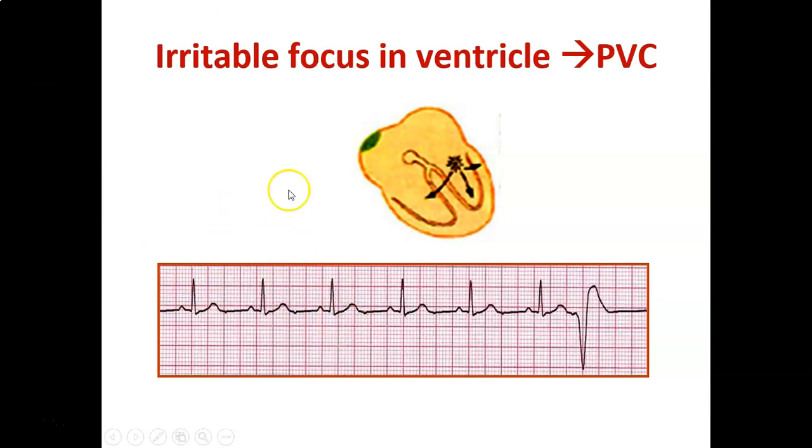As I said, whenever an ectopic focus is present in the ventricle, some area of irritability due to hypoxia or decreased blood supply, it may cause irritation of the ventricular muscles and produce a premature ventricular complex. So this ectopic focus, or nutty child, in the ventricle is responsible for this premature ventricular complex, which is very bizarre and wide.